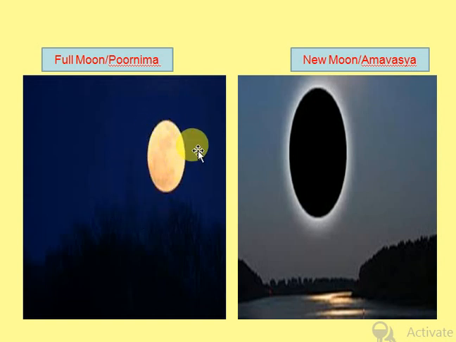Look at the picture carefully. This is a Purnima. It happens once in a month. The entire side of the moon facing the earth is lit up at this time. Soon the lit area reduces to half a circle, which is known as the last quarter phase.